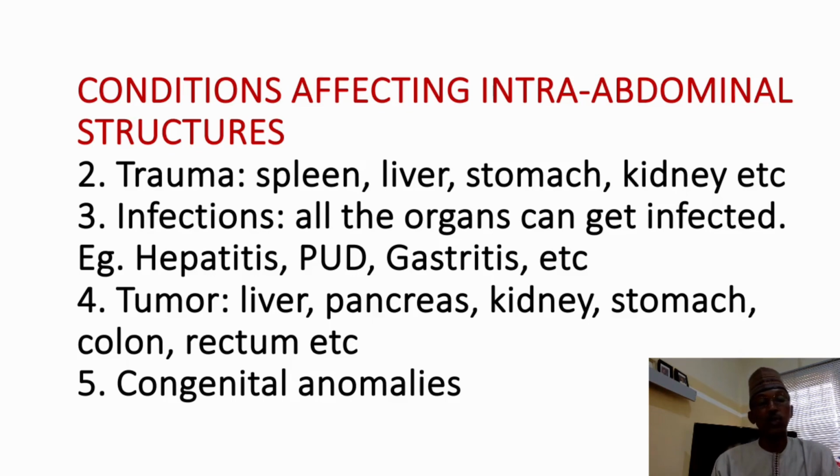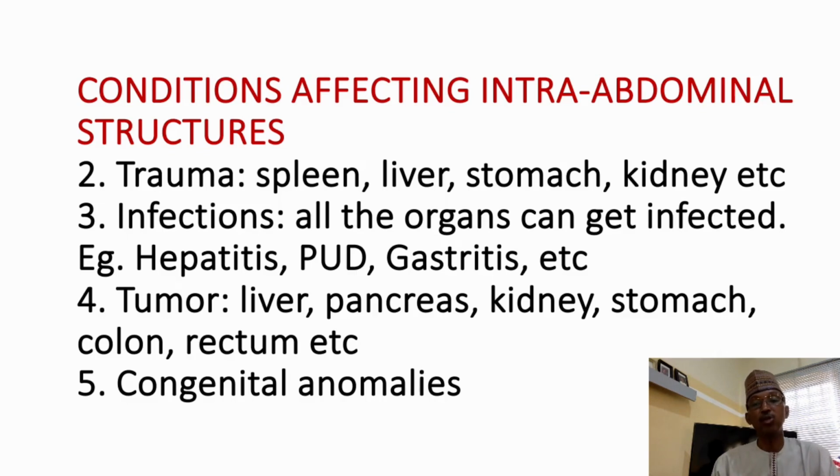Domestic accident includes knife injuries, gunshot injuries, or any sharp object injury at home, or a road traffic accident where somebody is inside a moving vehicle, and then that vehicle somersaults, and the vehicle injures the intra-abdominal organs or structures. So any of the intra-abdominal organs can get ruptured or affected as a result of that trauma or accident.